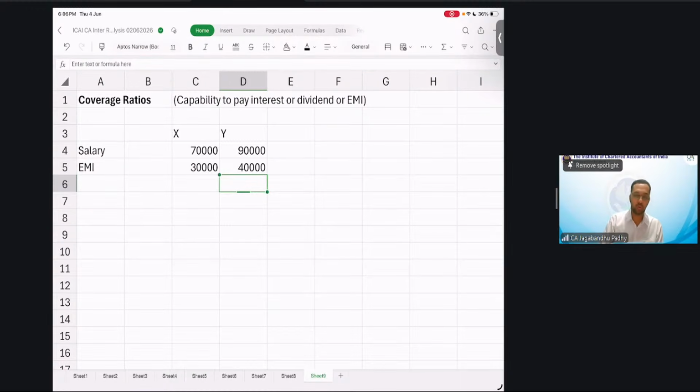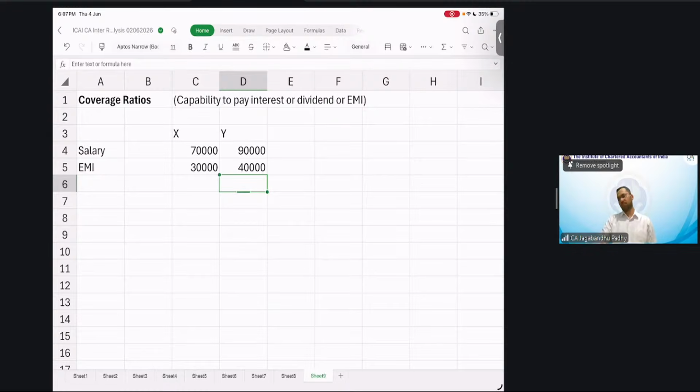Now tell me, who is more capable of paying the EMI? Both are equally capable? Do you think both of them are equally capable, or is there some point of debate which we can discuss?